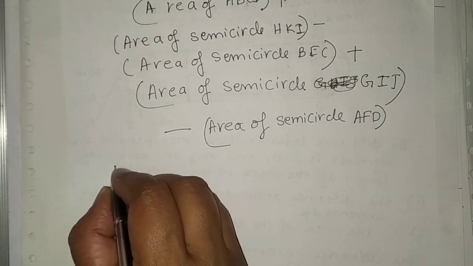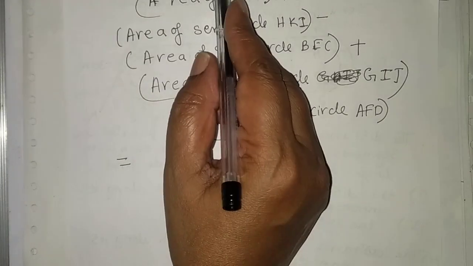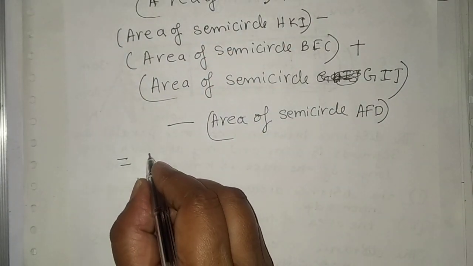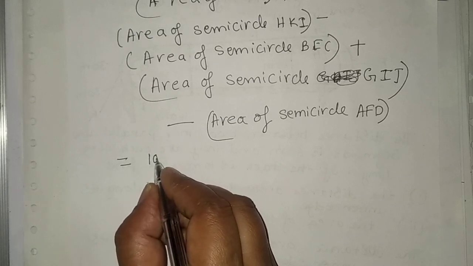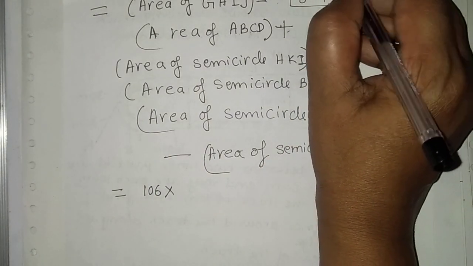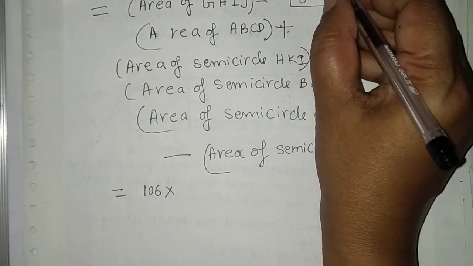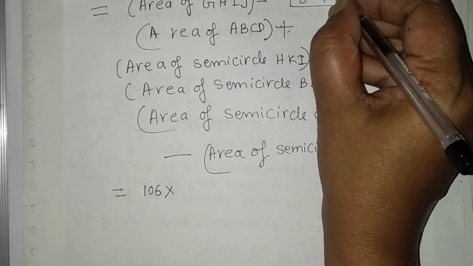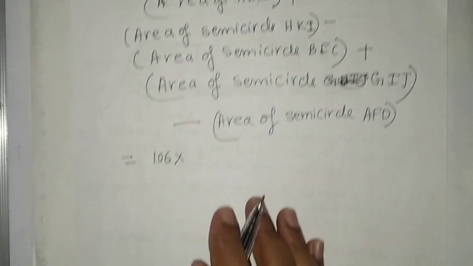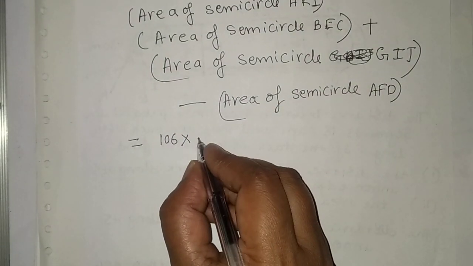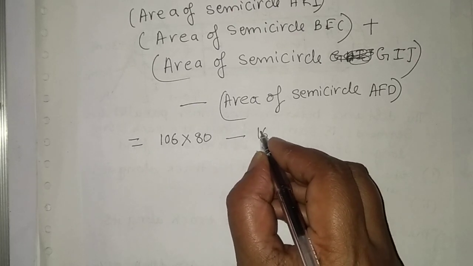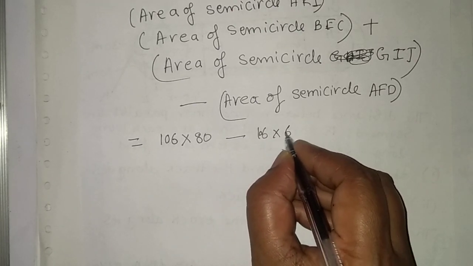Now we have to substitute the values. What is the area of the rectangle GHIJ? Length into breadth. The length is given as 106 for both rectangles, the outer width is 80 and the inner width is 60.